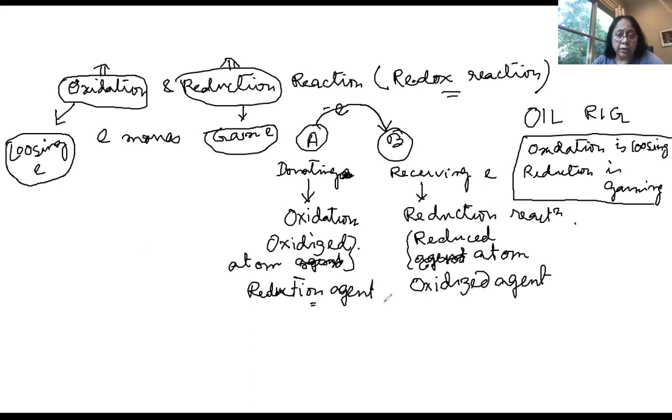Another thing I want to tell you: when inside a chemical reaction electron is moving from one atom to another atom, right? We really cannot see that happening, because electron is a subatomic particle, so we cannot see the movement of electron. But in a chemical reaction, we clearly can see the movement of oxygen and hydrogen.